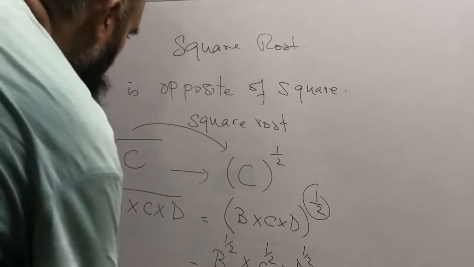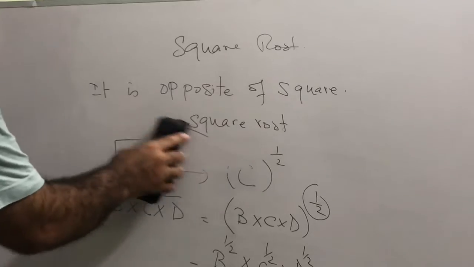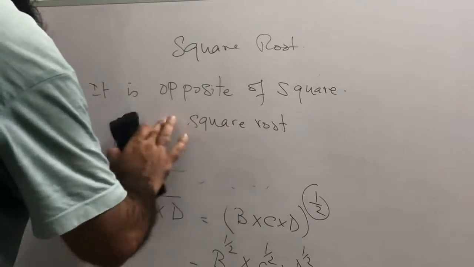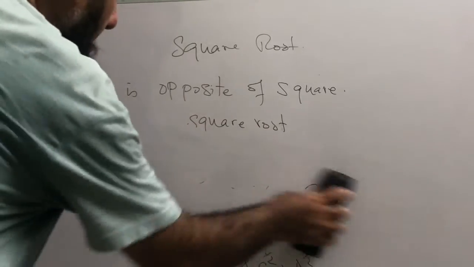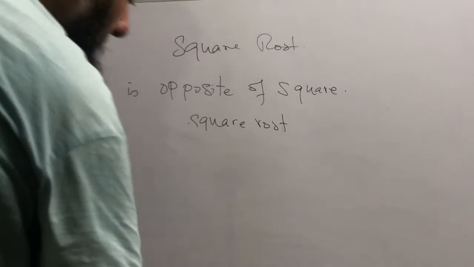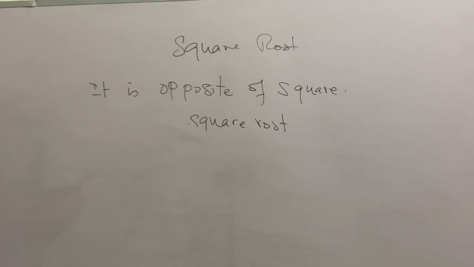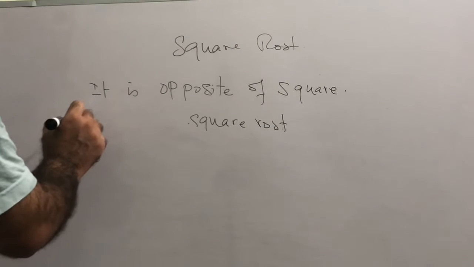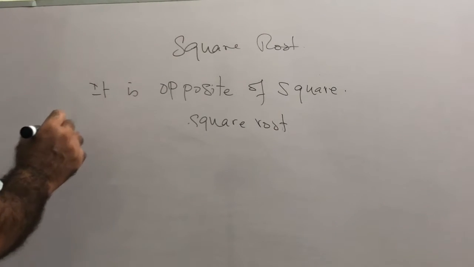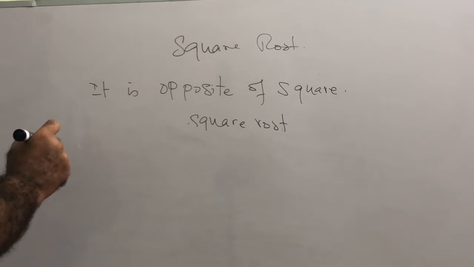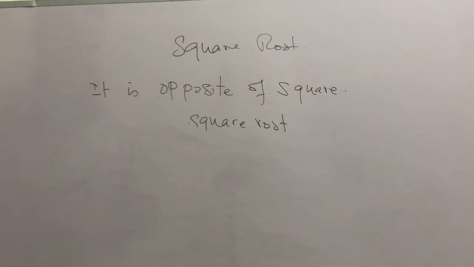Now we will learn how to take the under root using prime factorization. Let's suppose we have some number and we need to find its square root. How to do it?